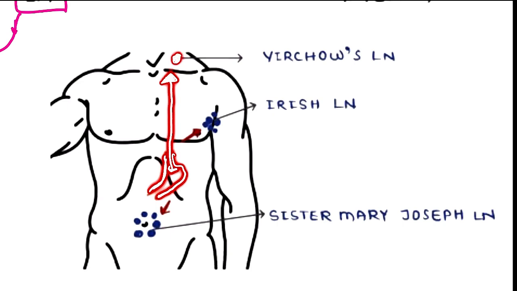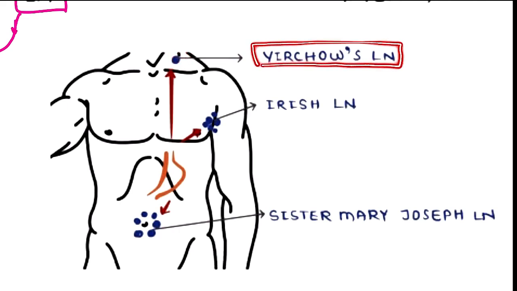Because of the passing of tumor cells into the left sided supraclavicular lymph node, there will be enlargement of this lymph node. As this lymph node is enlarged, it is called Virchow's lymph node.